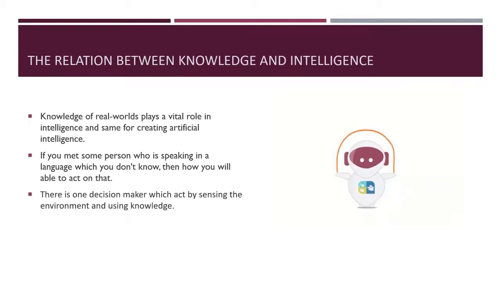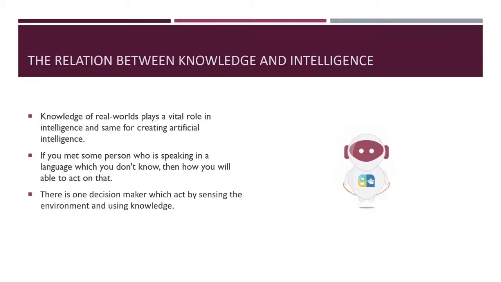The next one is the relation between knowledge and intelligence. Knowledge of the real world plays a vital role in intelligence, and the same for creating artificial intelligence. Knowledge plays an important role in demonstrating intelligent behavior in an artificial intelligence agent.